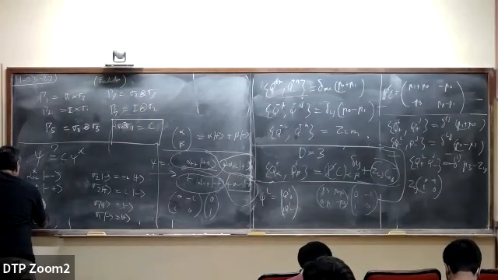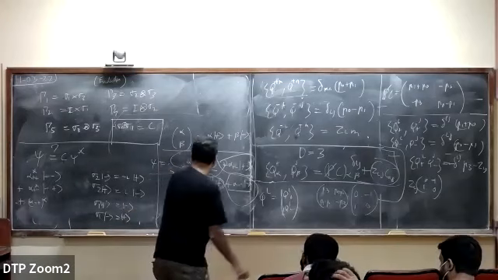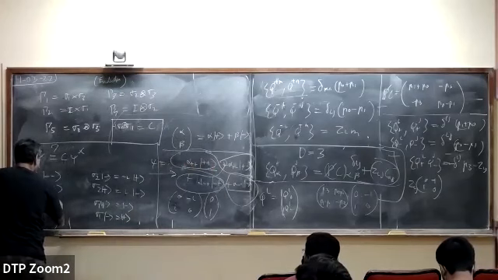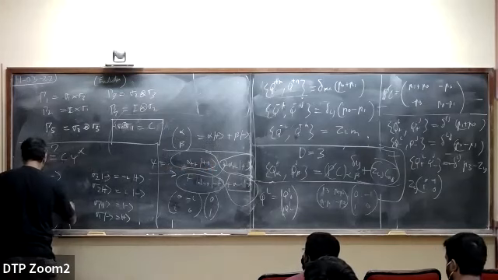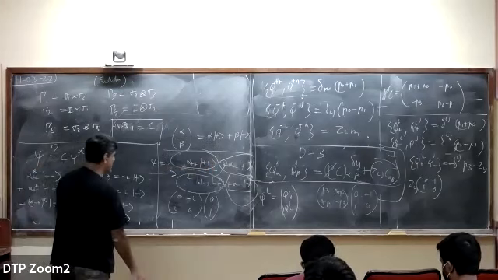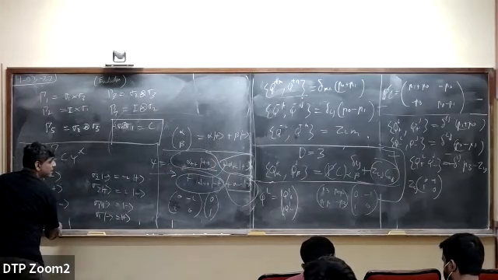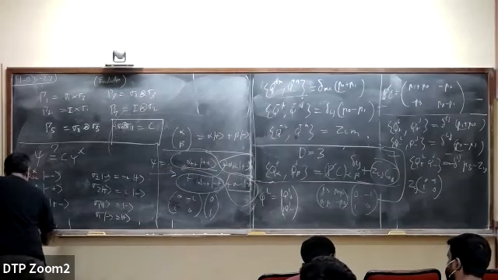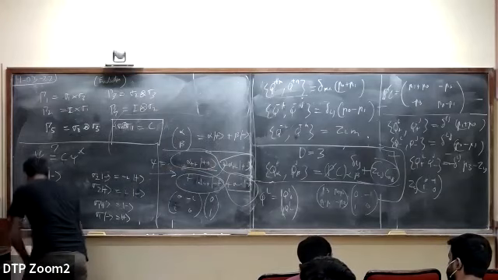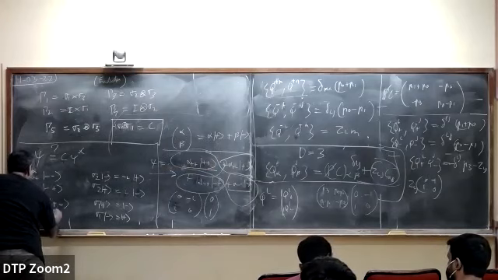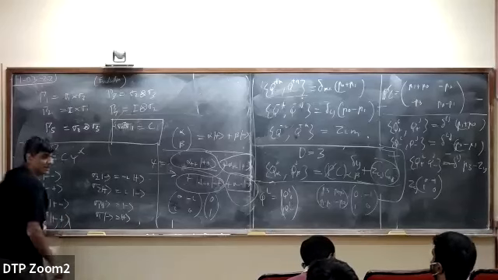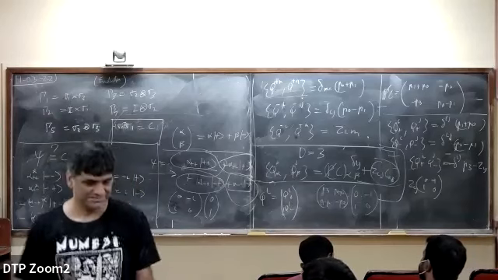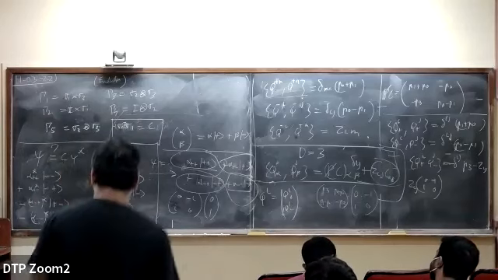Alpha minus plus star, and now I'm getting plus minus but with a sign, and I get a minus alpha minus minus. Minus minus star gives you a plus plus, and with a minus sign. Please check. Okay.